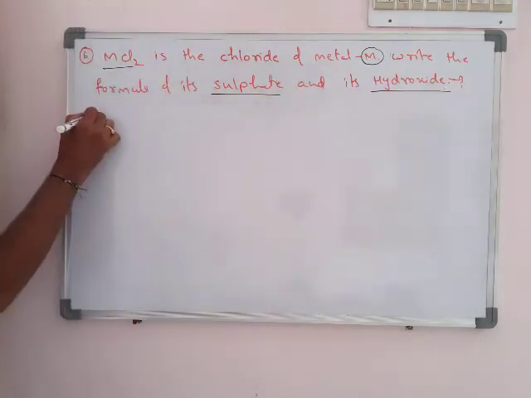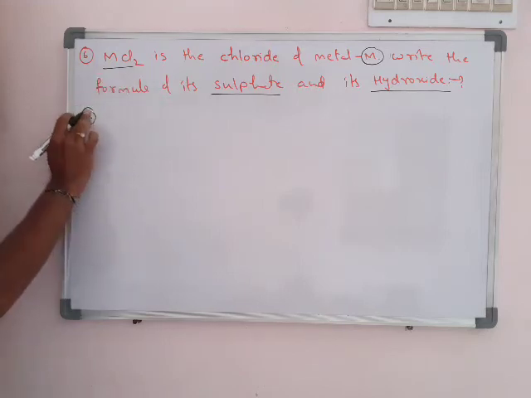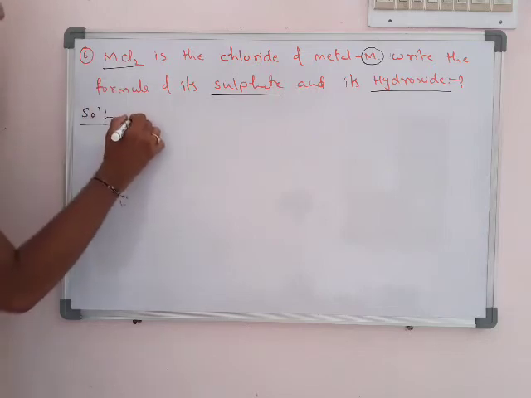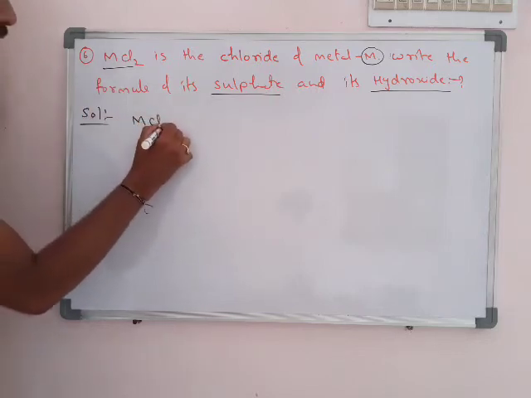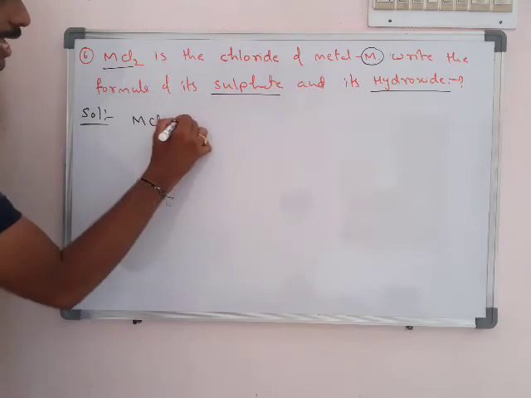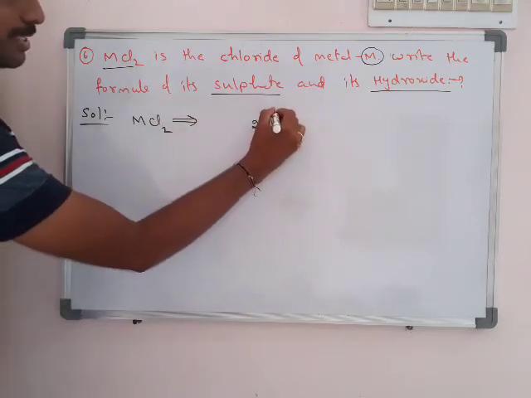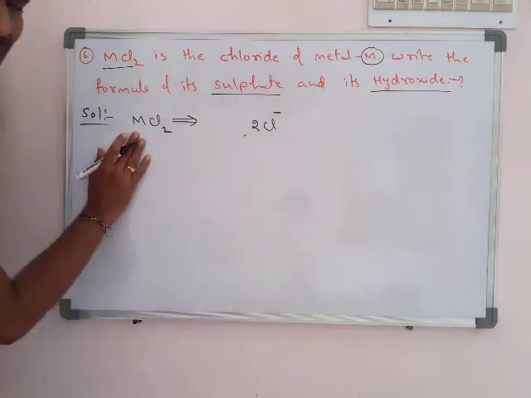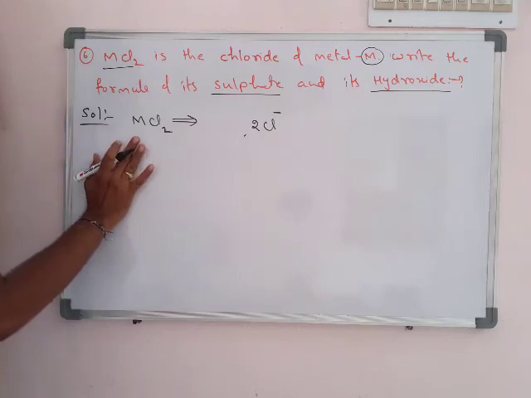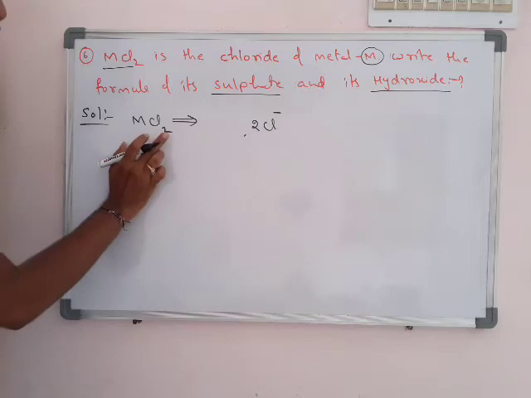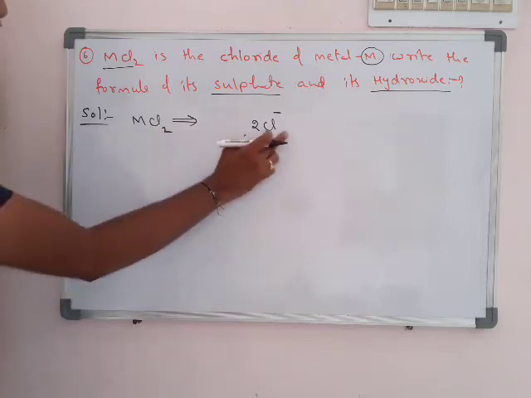So first see the given compound is MCl2. So what are the ions present in it? 2 Cl minus ions. We know 2 Cl minus ions, but we don't know about M. But it is a compound, so the charges are exactly balanced. We know the charge of each chlorine atom is Cl minus.